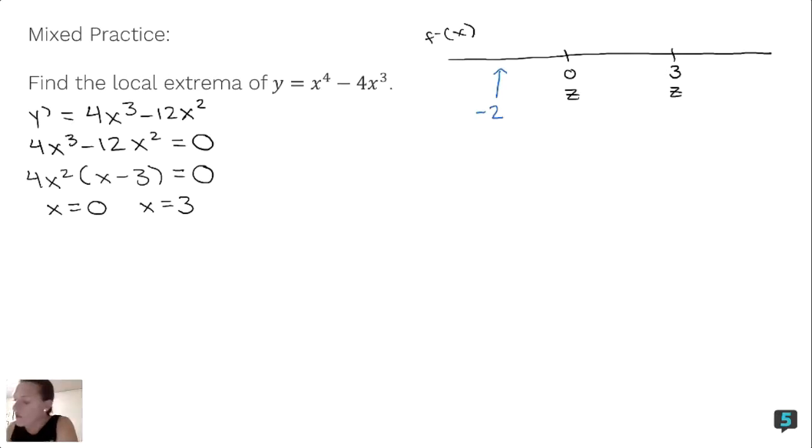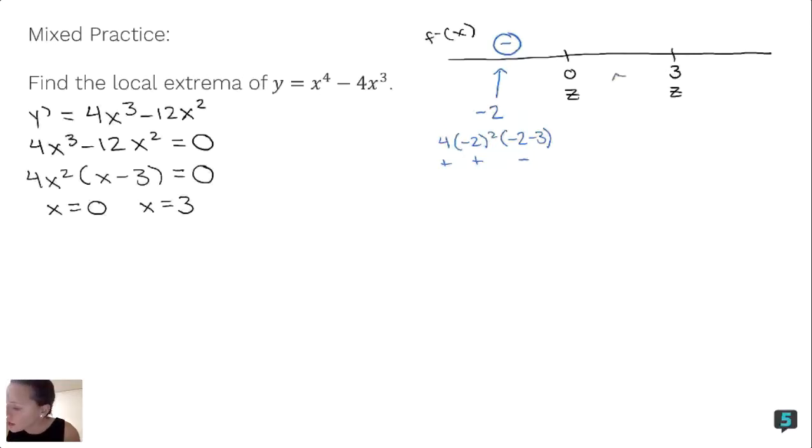So if I use that factored form, I'm going to have 4 times -2 squared times -2 minus 3. Keep in mind that when I square -2, anything squared is going to result in a positive. So I'm going to have a positive times a negative. Overall, I have a negative there. So f prime of x is negative from negative infinity to 0.